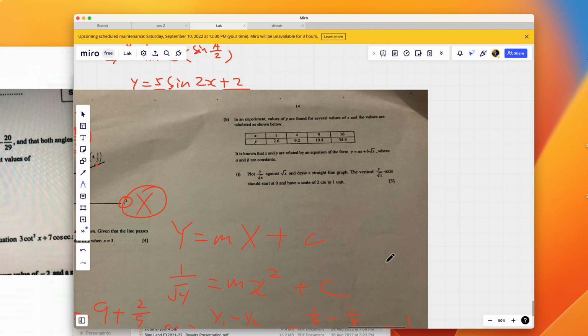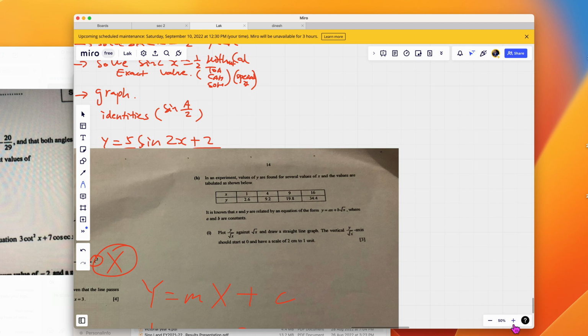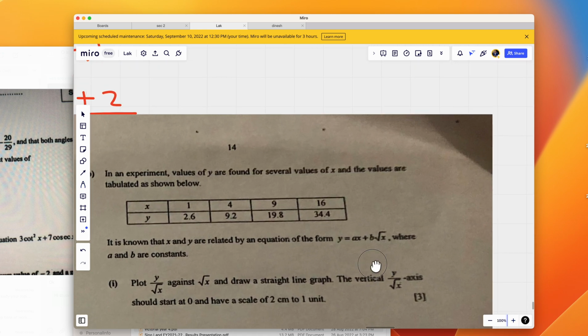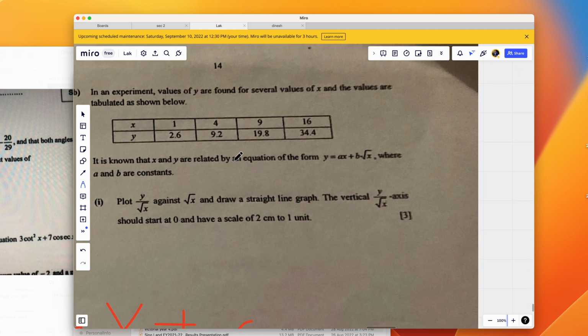Okay, so now comes the real stuff. Over here they give you the x value and the y value, and then they say x and y are related by an equation, but in this format.